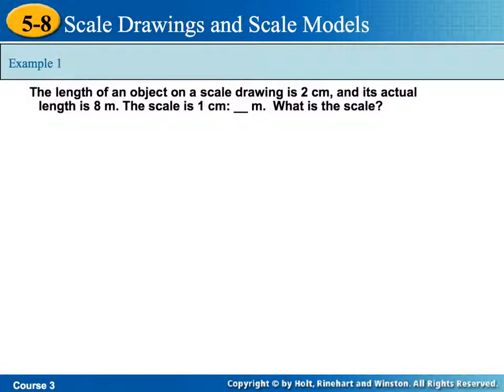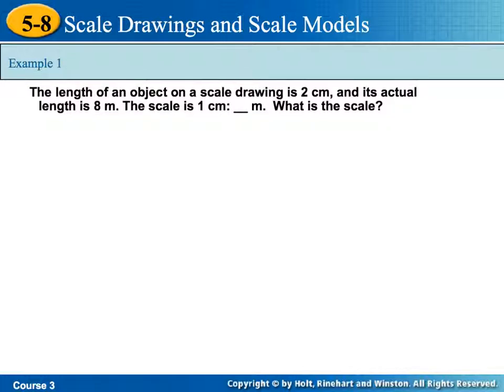So the very first thing we have to do is, the length of an object on a scale drawing is 2 centimeters. Its actual length is 8 meters. We want to find what the scale is. Now, as you look at this, the scale is going to be a ratio that allows me to put this into a proportion.